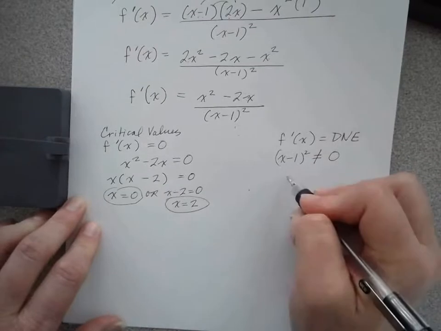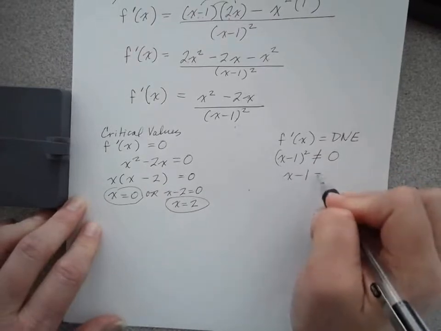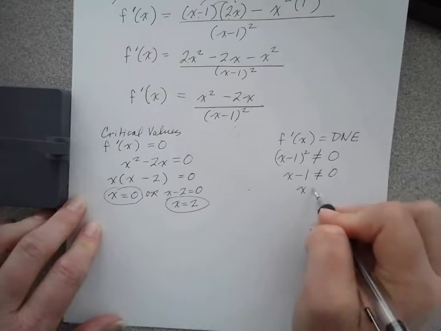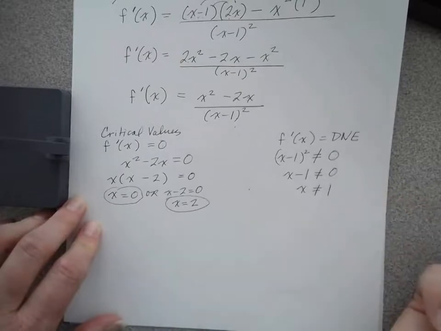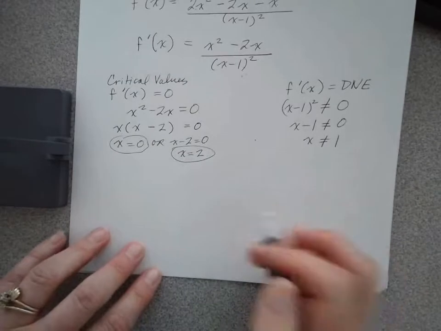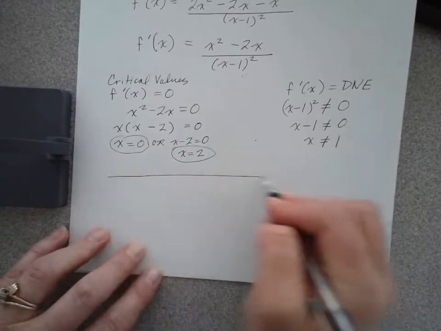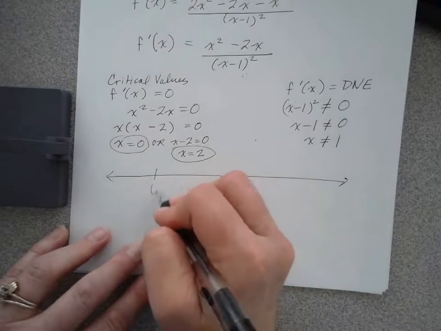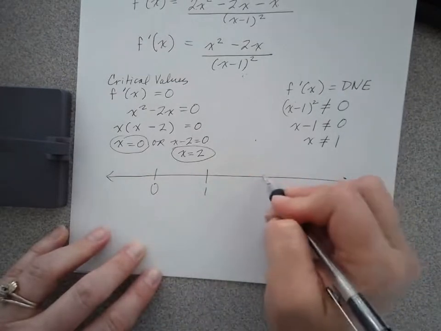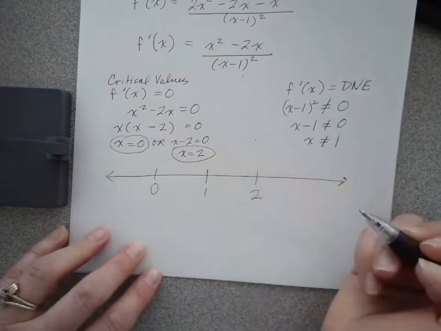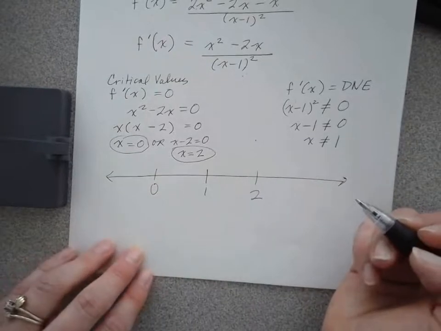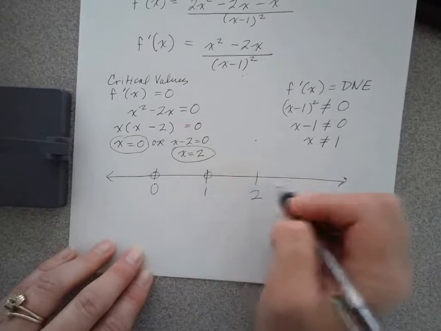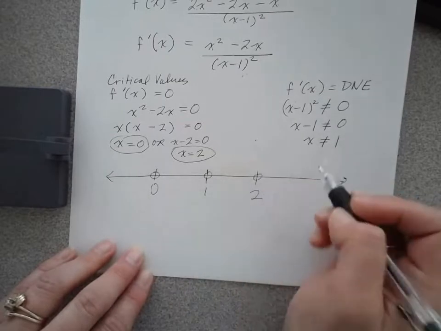If we square root both sides, we get x minus 1 cannot equal 0. And then add 1 to both sides, we get x cannot be equal to 1. Okay? All right, so if we put those critical values on a number line, we have 0, 1, and 2. All right, so that's where the first derivative equals 0 and where it does not exist.